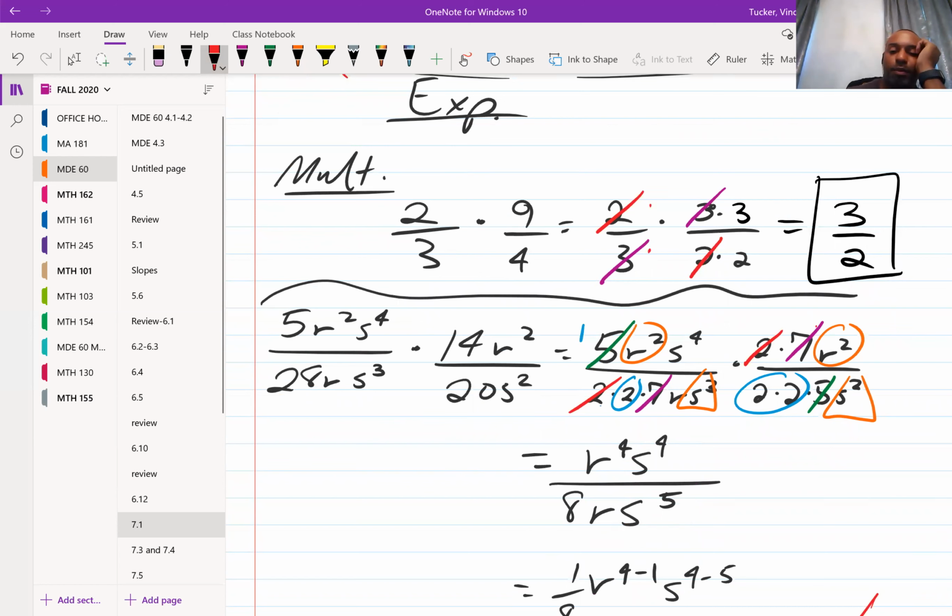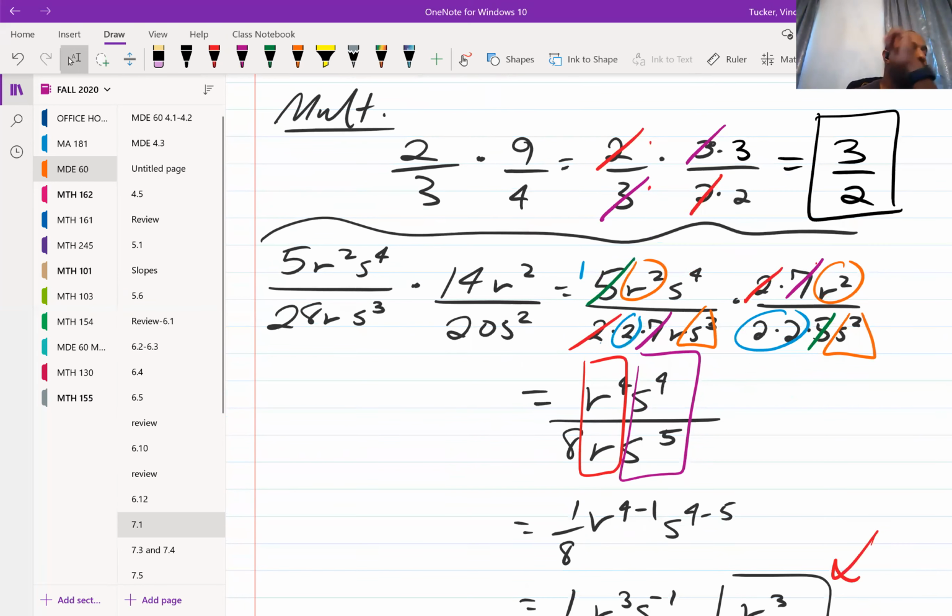So now we can still simplify. We have r to the fourth over r, and we have s to the fourth over s to the fifth. So don't forget, whenever dividing variables, you subtract your exponents. So that's what we did here. r to the fourth over r is 4 minus 1 for your exponents. s to the fourth over s to the fifth is 4 minus 5.